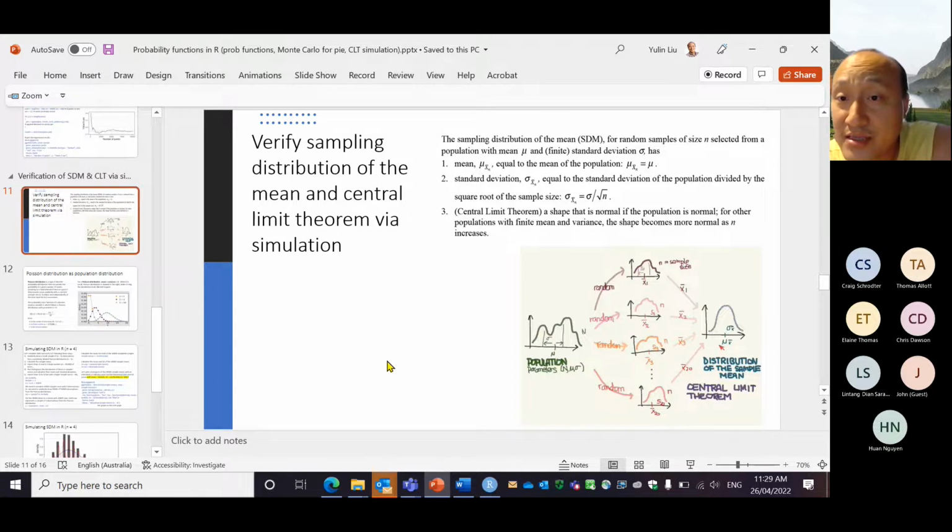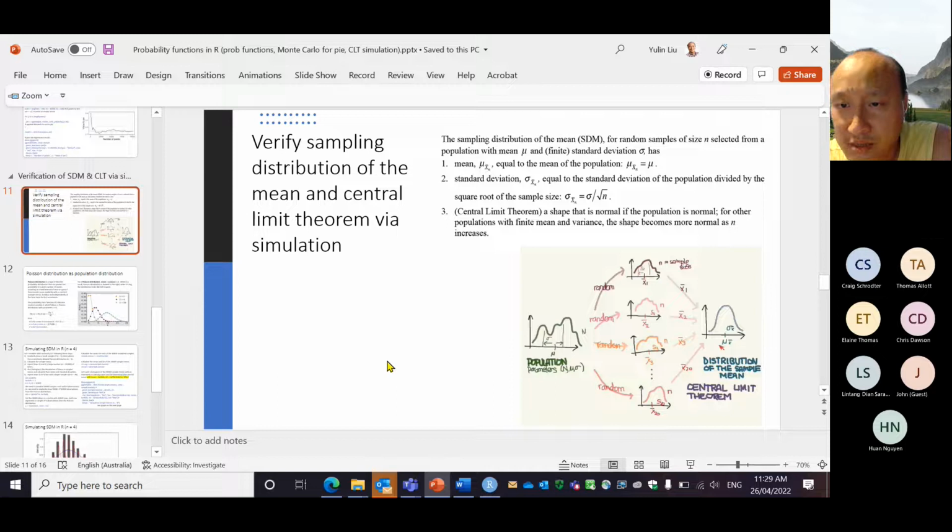More interestingly, the sample means will follow a normal distribution, or the sample means will approximate a normal distribution as we increase the sample size. That's the central limit theorem.